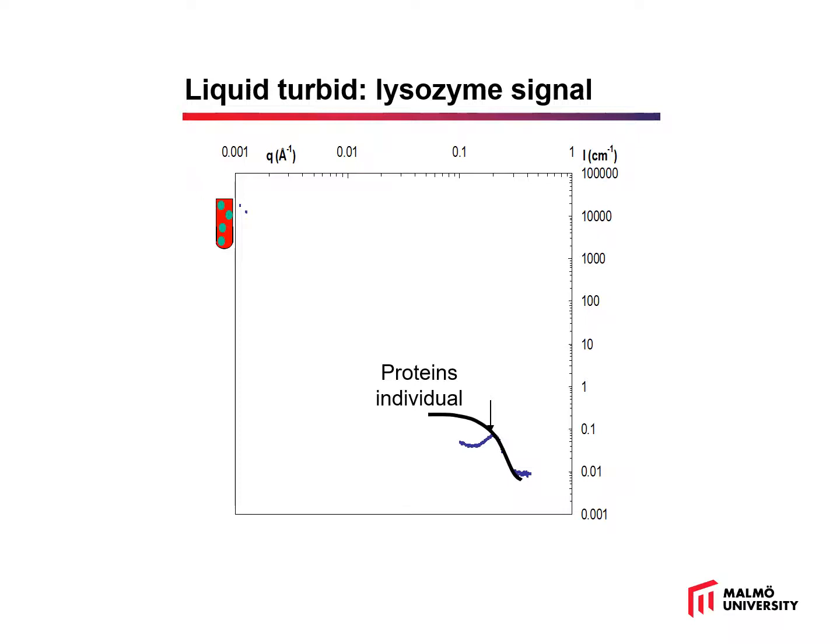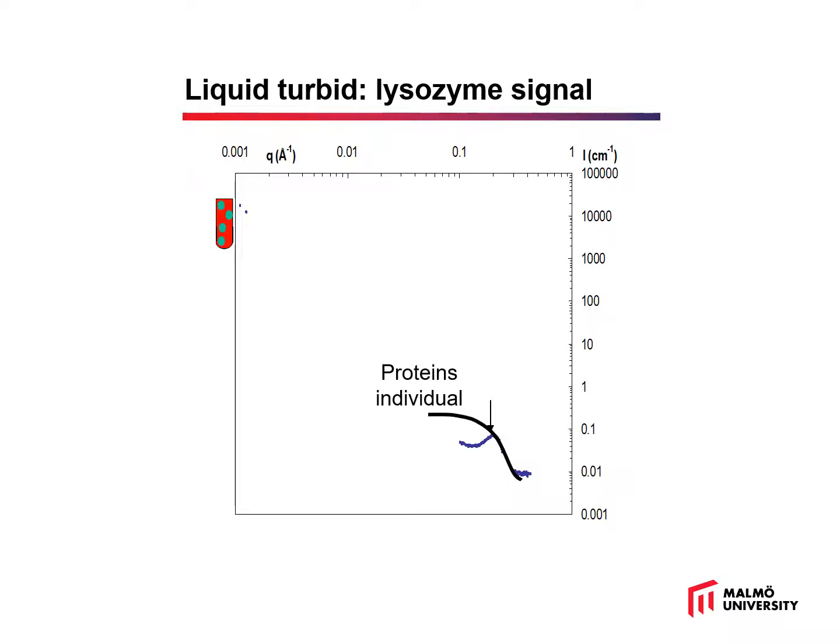Now, although this is a multi-phase scattering problem, where the solution consists of protein, polyelectrolyte and water, what's being done in this case is the match of water and the polystyrene sulfonate, which means that one only sees how the protein is behaving in solution.